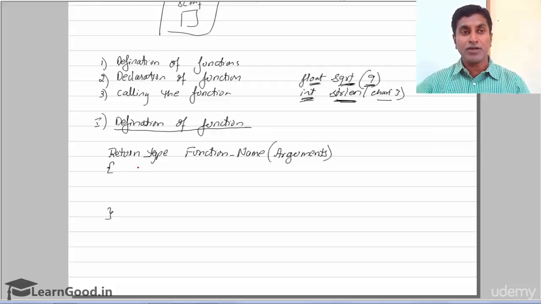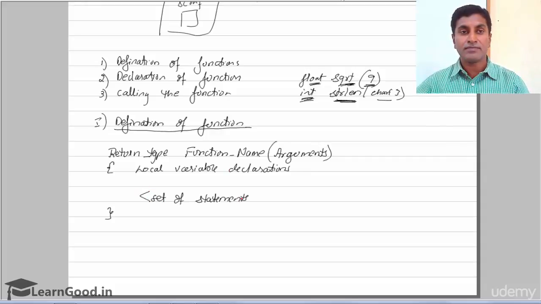Within this open and close, you can have some local variable declarations and then a set of statements. So this is the syntax of defining a function: a return type, the function name, arguments, local variable declarations and a set of statements.